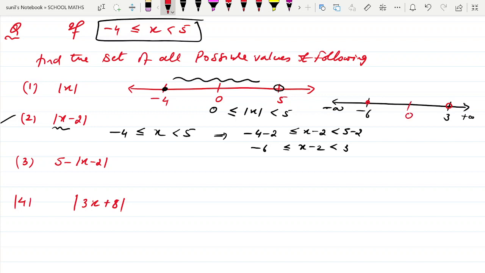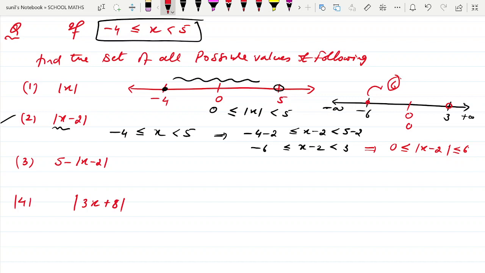So what will be the least value of mod? That is 0. What will be the maximum value of the mod? That is 6. So under these circumstances, mod x minus 2 will be greater than or equal to 0 and less than or equal to 6. I think it is easy to find this.